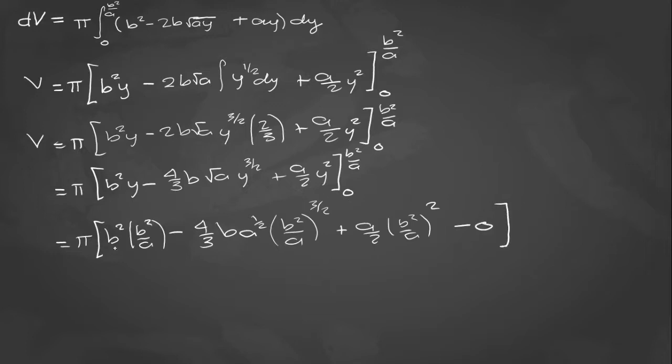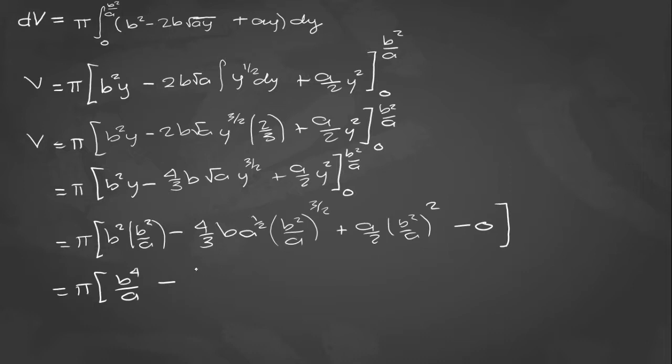Okay, simplifying, we have pi is equal to b to the 4 over a minus, multiplying b squared to the power 3 halves. The 2 will be cancelled out, so we are left with b raised to 3, and b raised to 3 multiplied by b raised to 1 is simply b raised to 4.